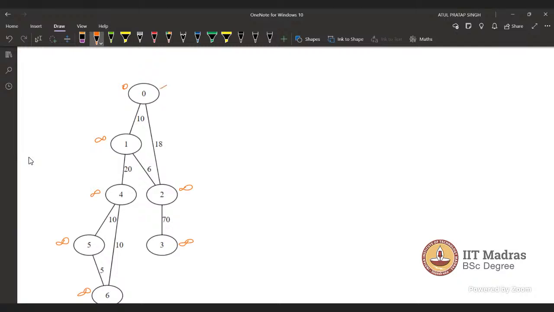Now we will select 0 and check which adjacent edges are connected. There are two edges connected, 10 and 18. We will update this by the 10 value and this by the 18 value.